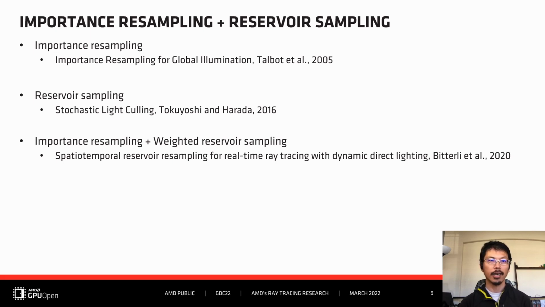Then a spatiotemporal reservoir resampling paper combined these techniques to make a direct illumination sampling technique. This work was published in 2020, and this is getting popular these days. We worked on some improvements on these techniques, which I'm going to talk about from now on.